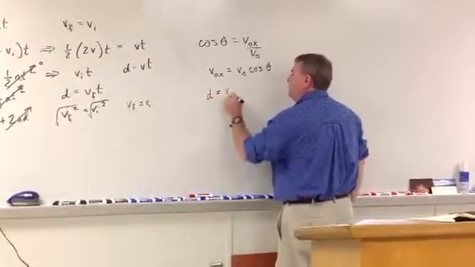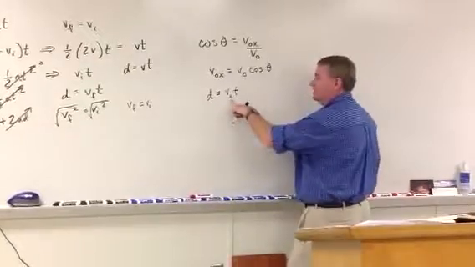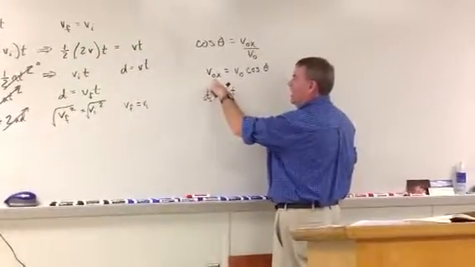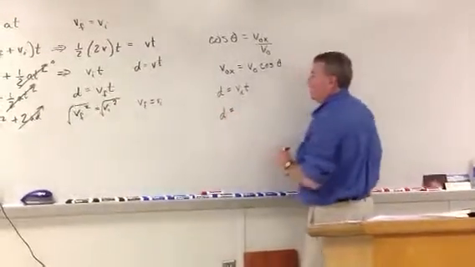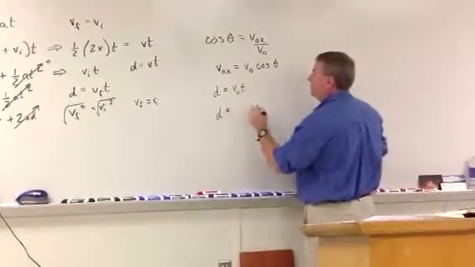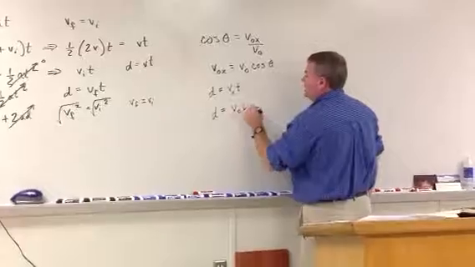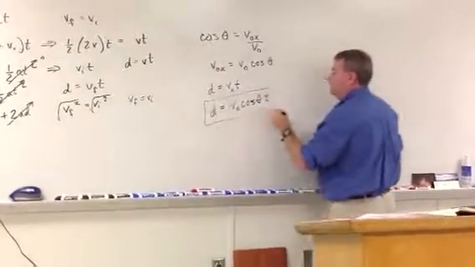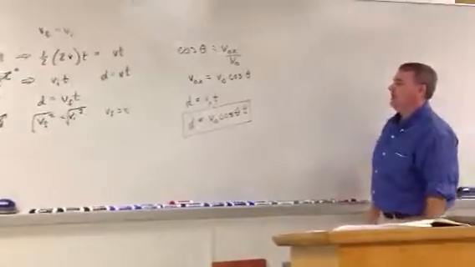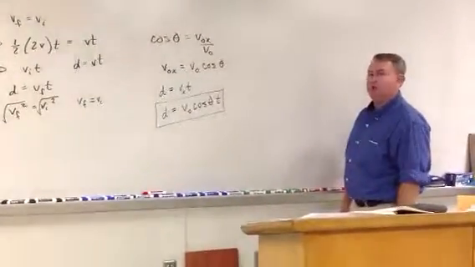D is equal to Vx t for velocity in the x direction, and V naught x is the same thing as Vx. So the distance that you're going to travel in the x direction for parabolic motion would be V naught cosine theta t. And that's your final equation for constant velocity in projectile motion on the x-axis.